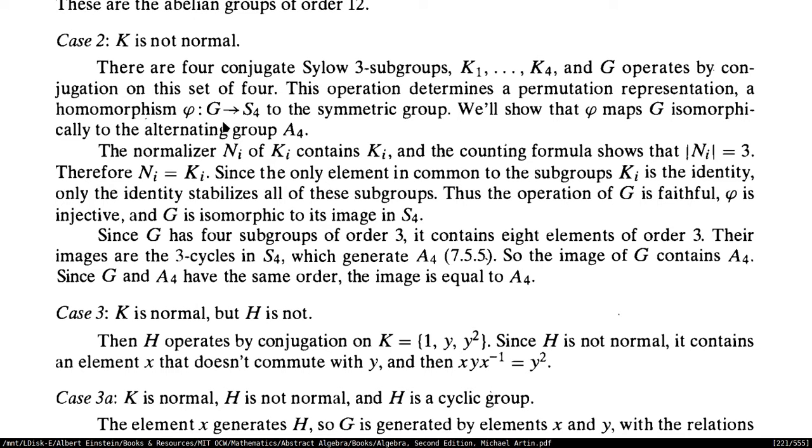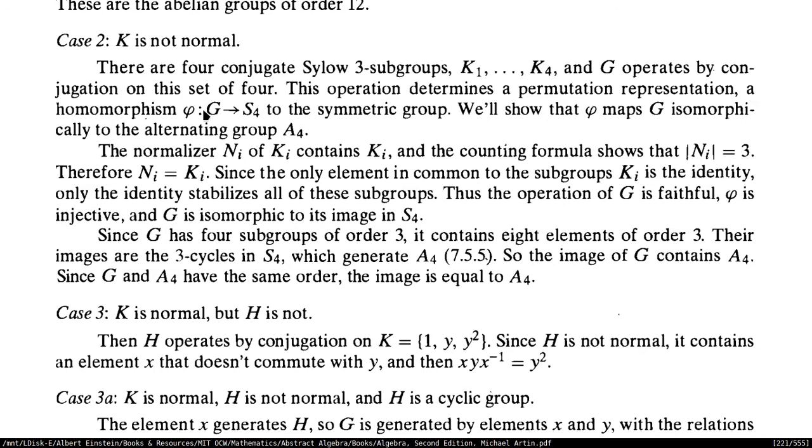How do we know that the image is A4? You have to show something about the subgroup of S4 which would contain just 3 cycles.